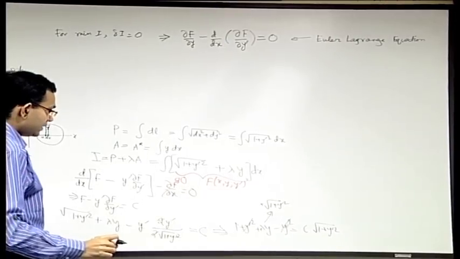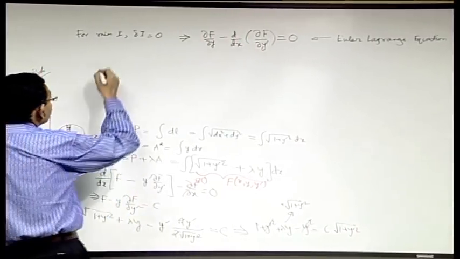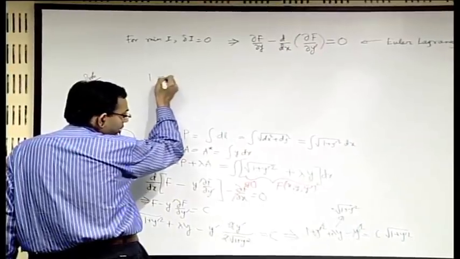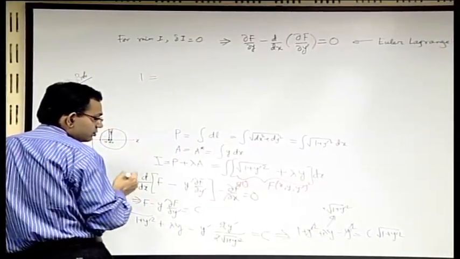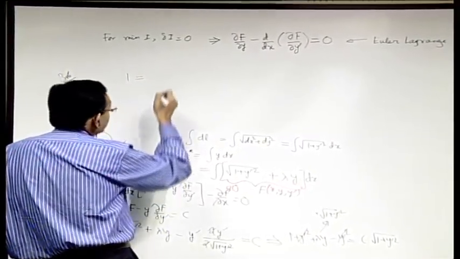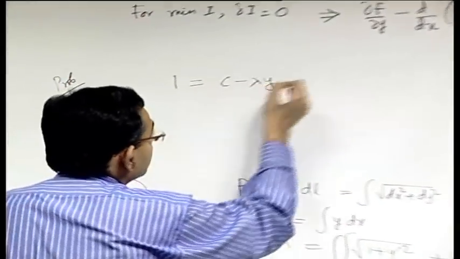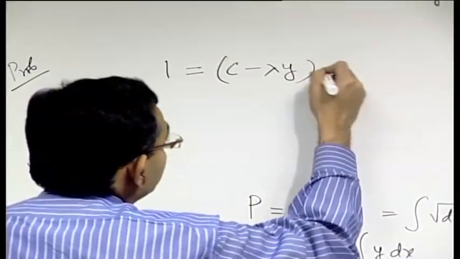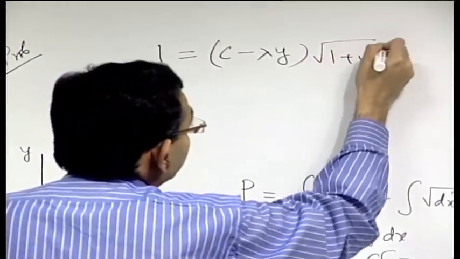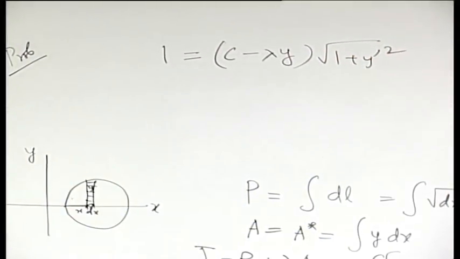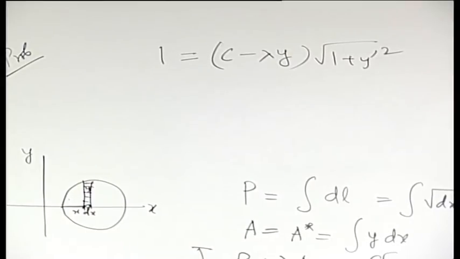So we can write 1 is equal to c minus lambda y into 1 plus y prime square. All right.